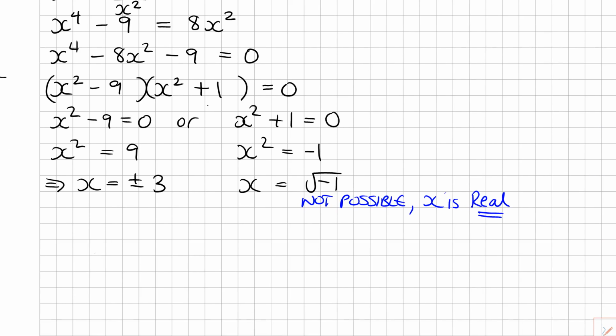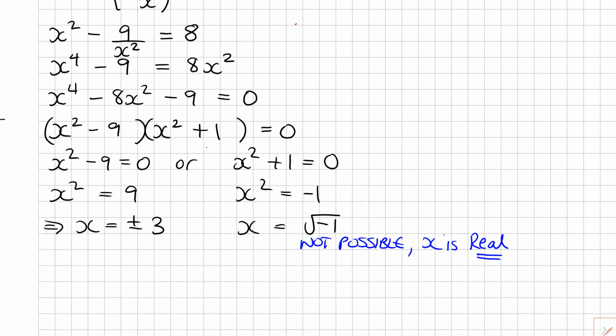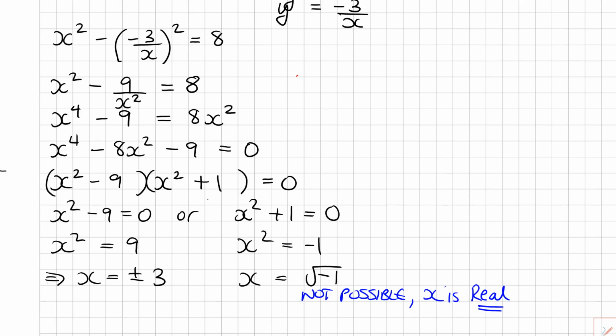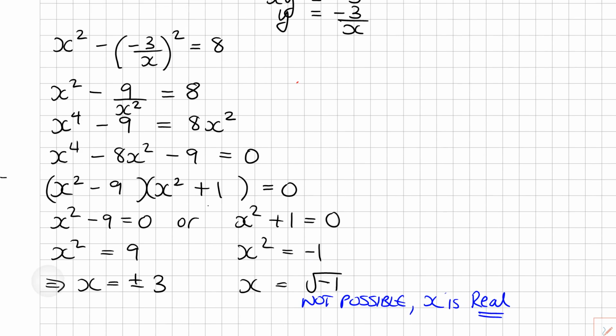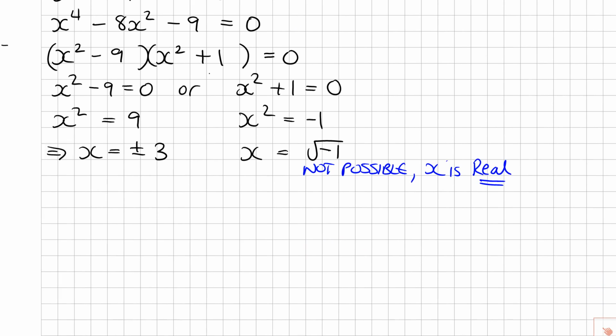So now that we've solved for x, we now know that x is equal to plus or minus 3. So it's only a matter of going back up now and figuring out what y is. We were told y is equal to minus 3 over x. So if x is equal to plus 3, this implies y is equal to minus 3 over 3, which is equal to minus 1, which implies our first number is 3 minus i.